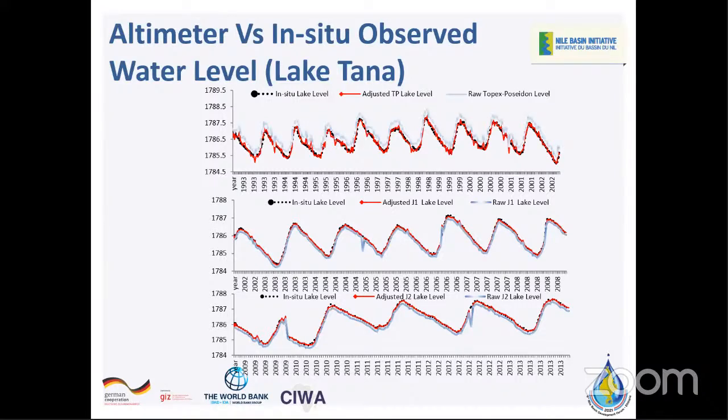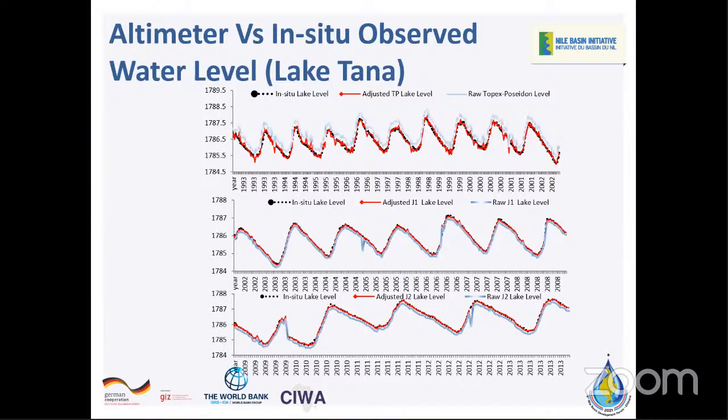So this is one of the results. We classified the remotely observed data based on the missions. For the satellite data we had three missions: the TOPEX mission, the Jason-1, and the Jason-2 missions.